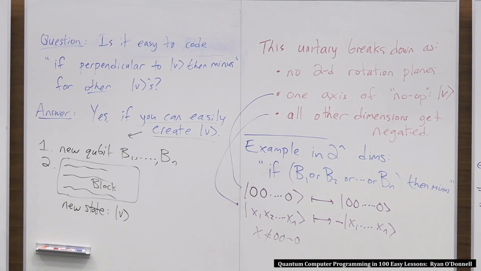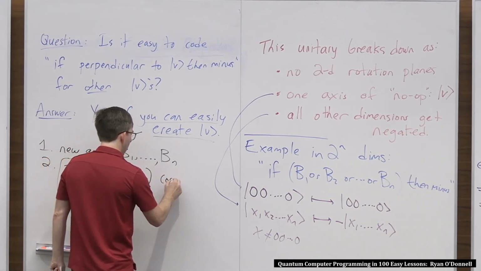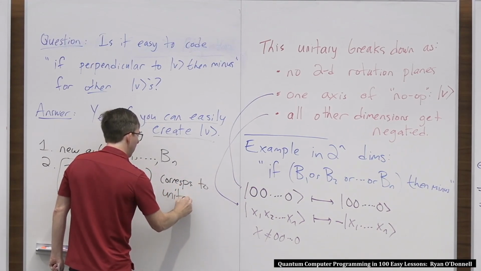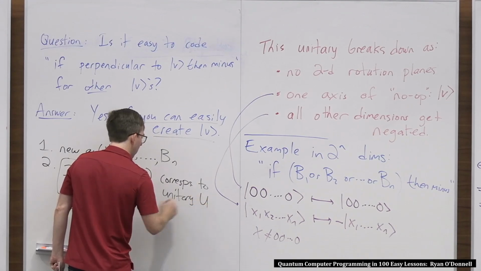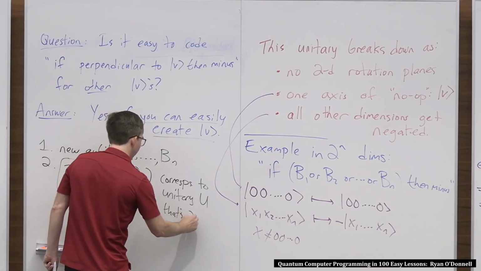It's a unitary operation in 2 to the n dimensions. So this whole thing corresponds to some real unitary transformation, u, that's 2 to the n by 2 to the n.